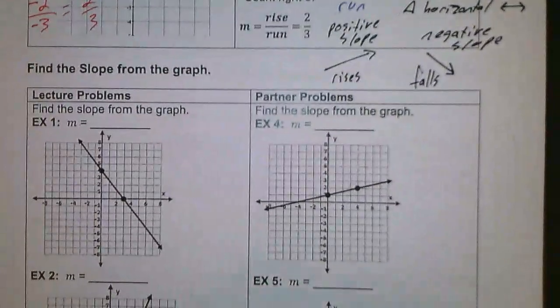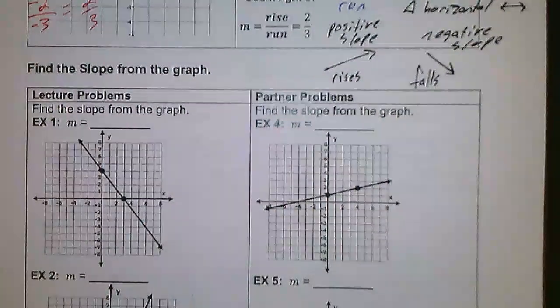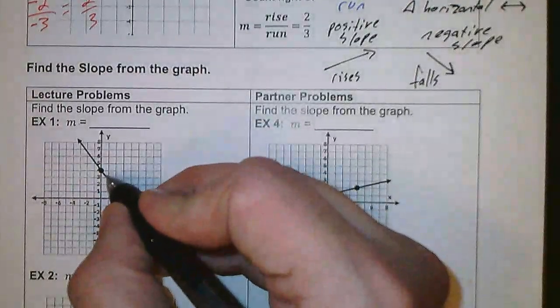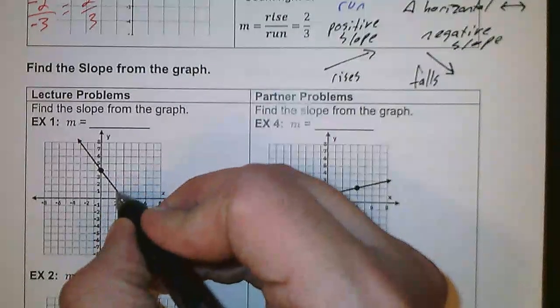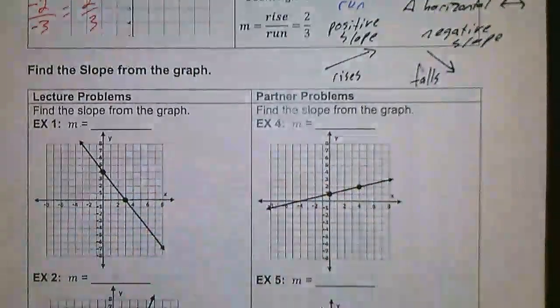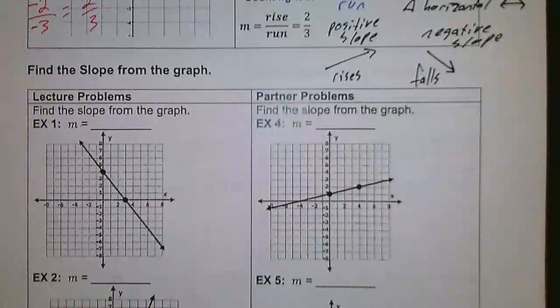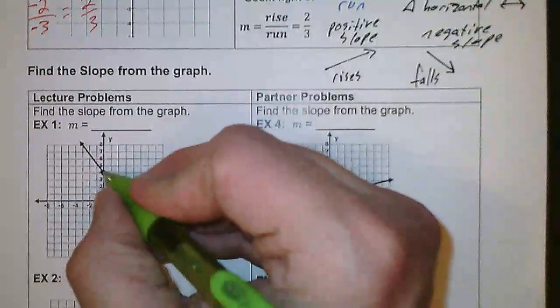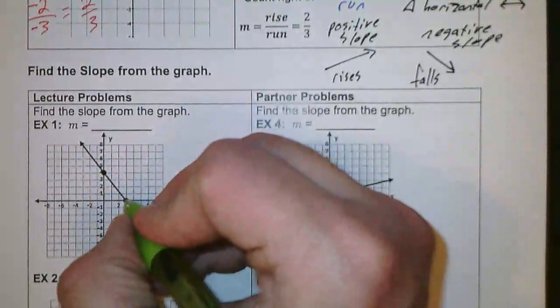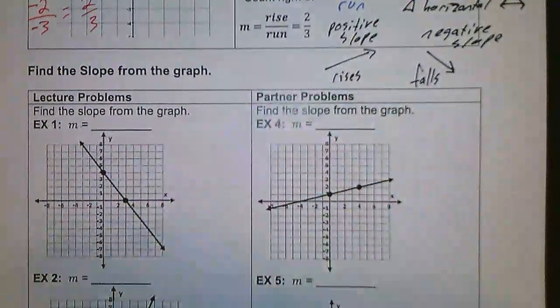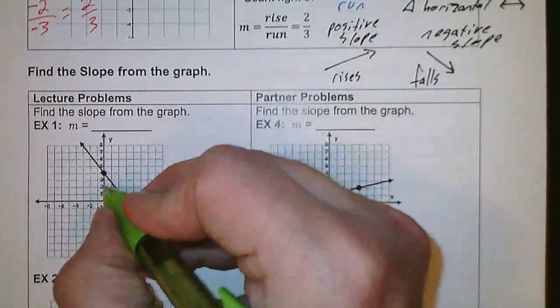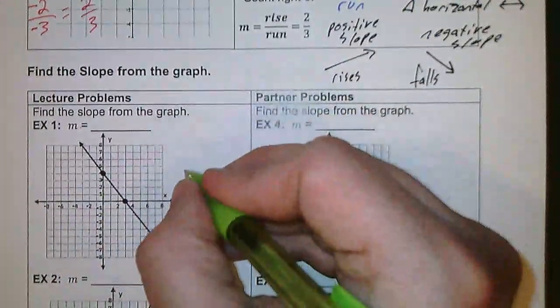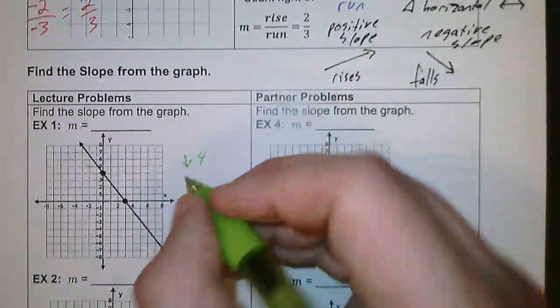So we'll look at these two examples side by side on page 15, finding the slope from a graph. It looks like some of these points might be exact, but we don't know that they are. If you're given these two big dots, just use those. So from this point to this point, going to the right, I go down 1, 2, 3, 4. So I went down 4.